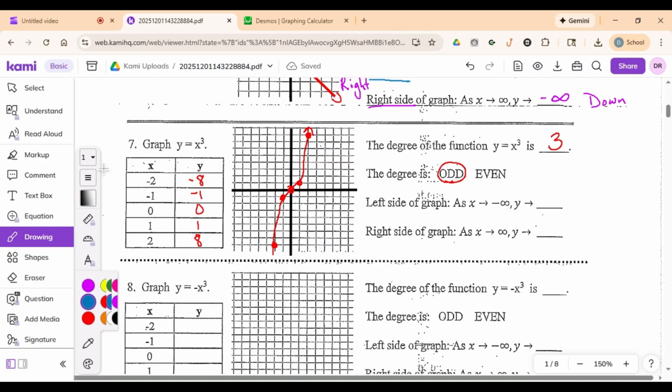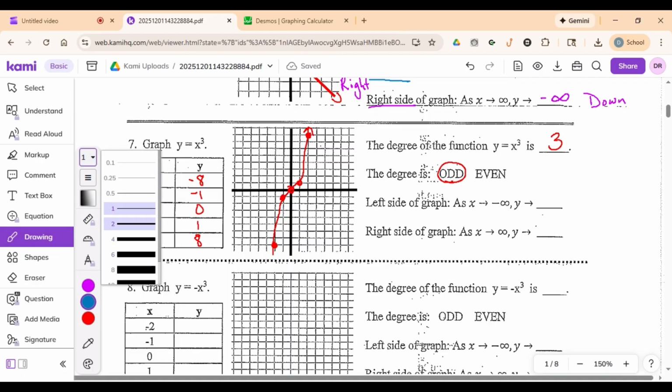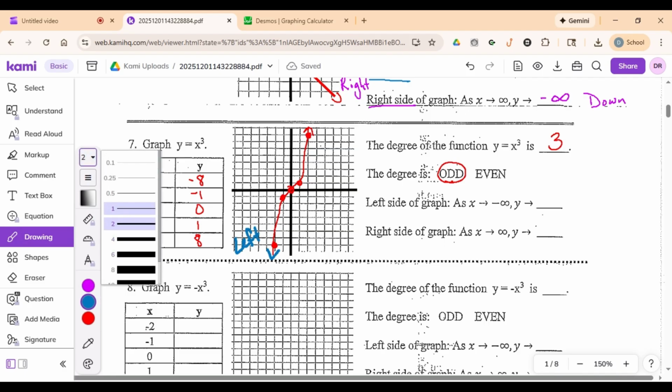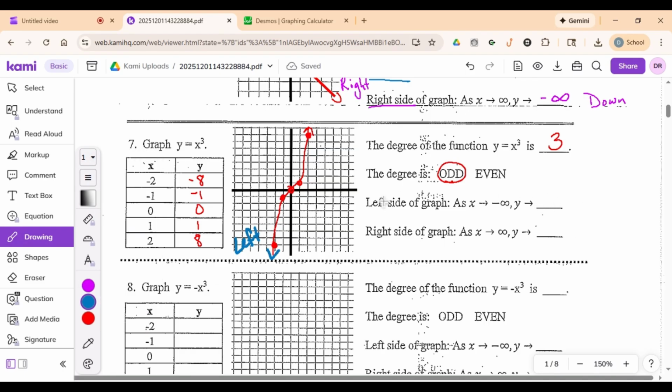So if we now talk about what your graph is doing on the left side and the right side, well, let's look at your left arrow. This left arrow way over here is pointing down again. So the left arrow is pointing down. We expressed that earlier by saying going down forever on the left side, that would be a negative infinity to say it's going down. On the right side of the graph, the opposite is happening.